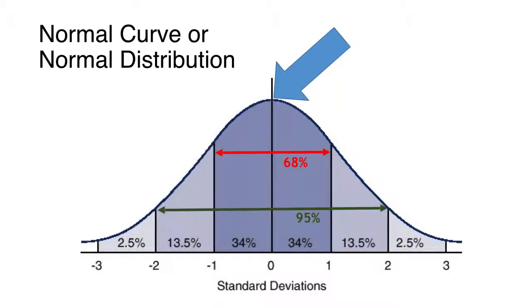Now, what's really nice about a normal distribution or a normal curve, or what we would expect with a large group of people, is that within one standard deviation below and one standard deviation above, 68% of the people who took this test should roughly fall in that darker blue area. So that's where your most frequently occurring scores are going to be. And it should include the mean, or the average, 68%.